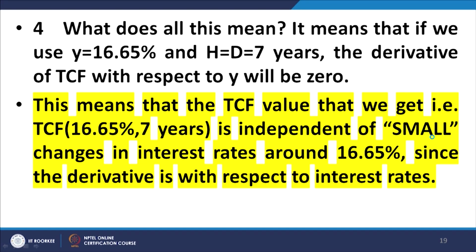That is, for very small changes in y to the left or to the right, as the case may be, the total cash flows at 16.65% for 7 years will not change significantly.